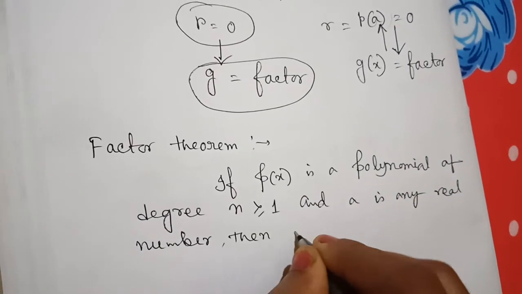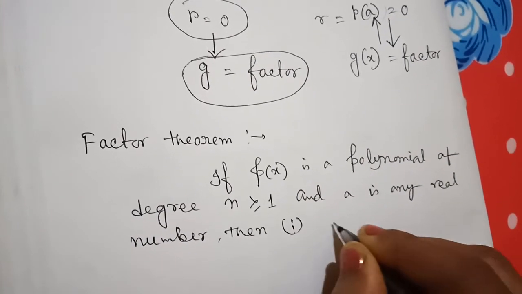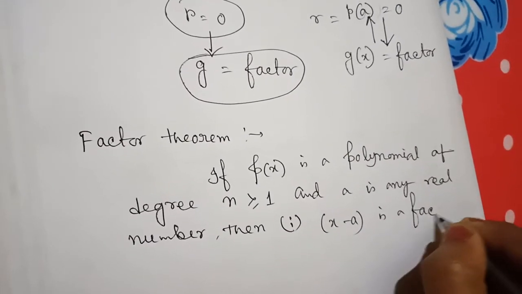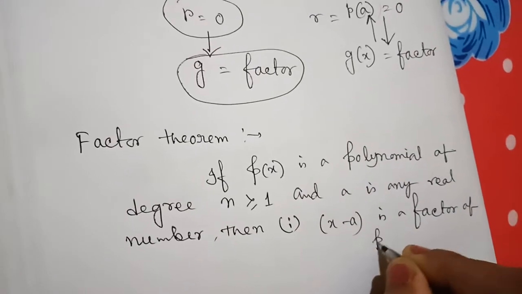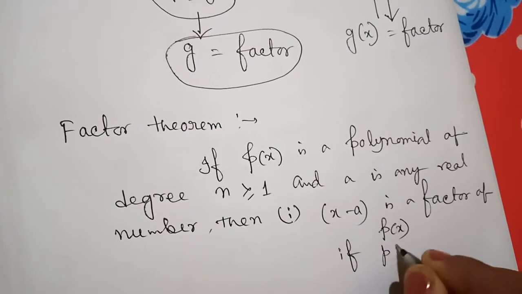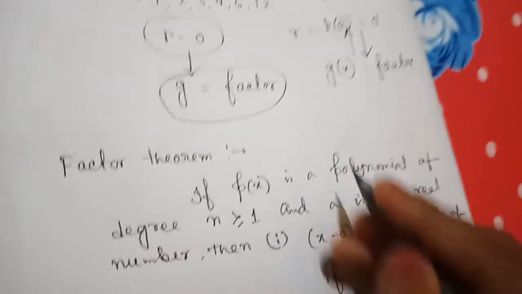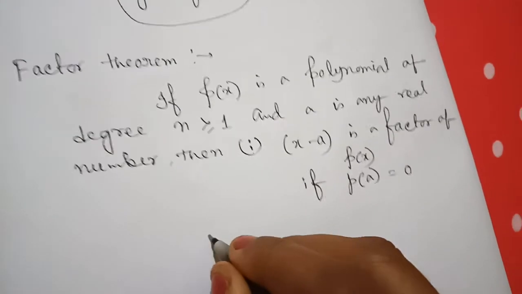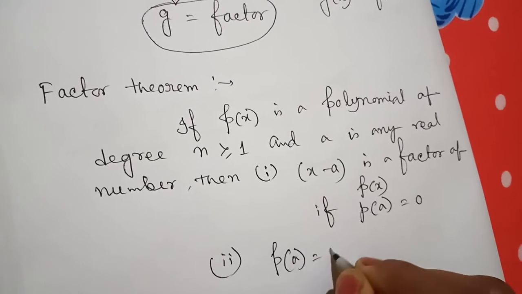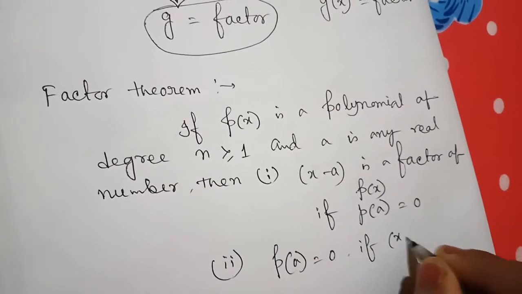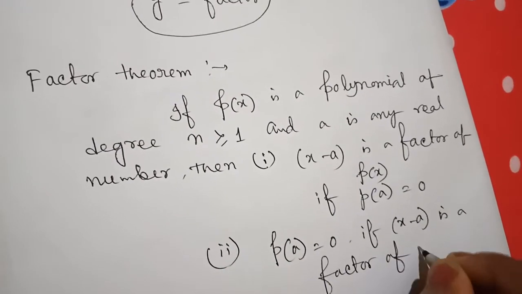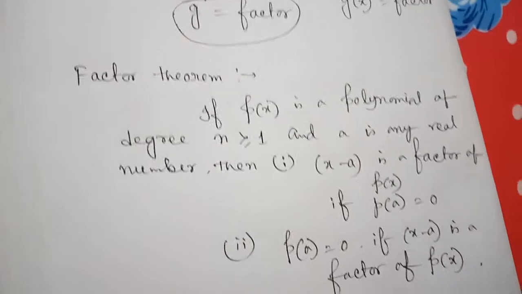Then number 1, x minus a is a factor of p of x if p of a equals 0, as we have already written here. Number 2, vice versa, p of a equals 0 if x minus a is a factor of p of x.